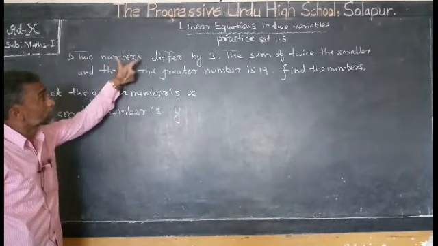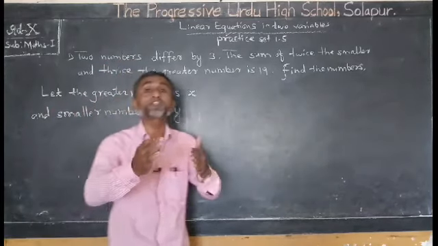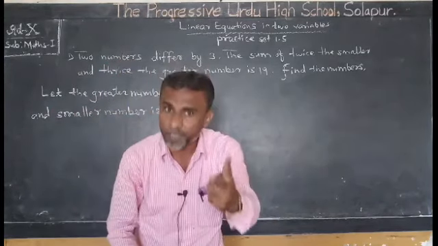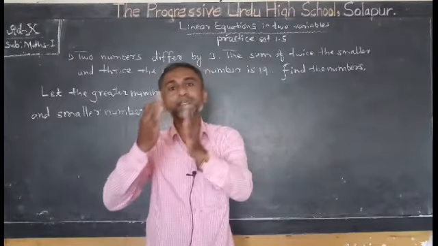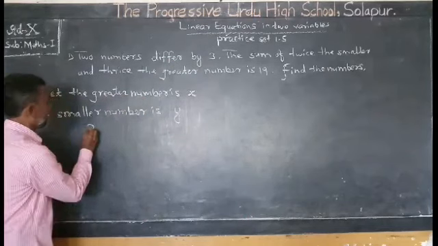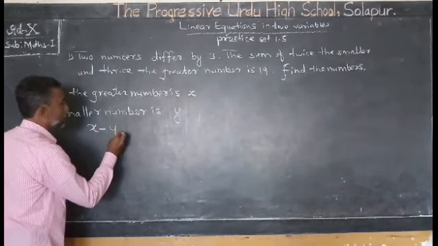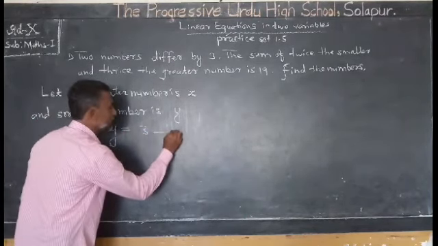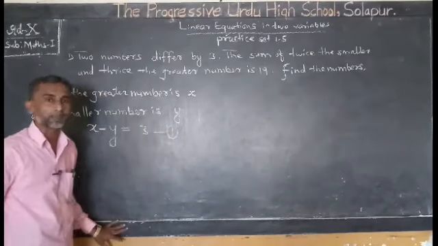The numbers differ by 3 means the difference between these two numbers is 3. Therefore, greater minus smaller is equal to 3. In this way, x minus y is equal to 3. This is equation number 1.